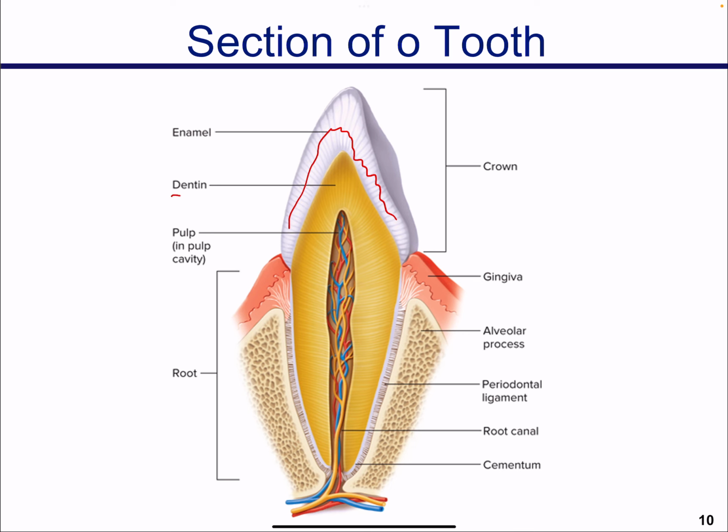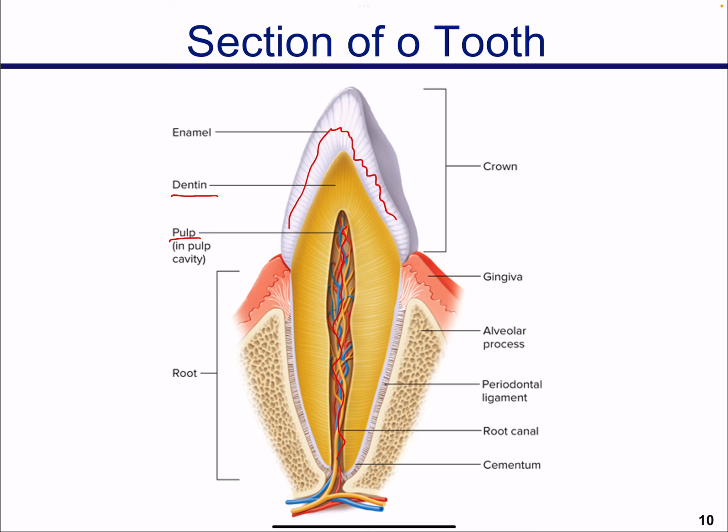That's the dentine. Okay? And underneath the dentine, you are going to have the pulp. The pulp is actually where all the blood vessels and the nervous tissue are running to innervate the teeth and for you to be able to nourish the tooth.